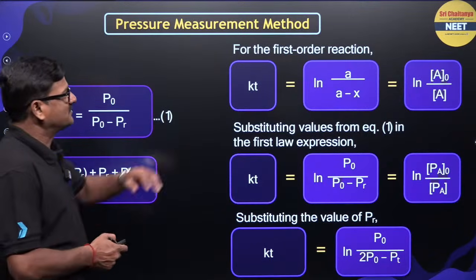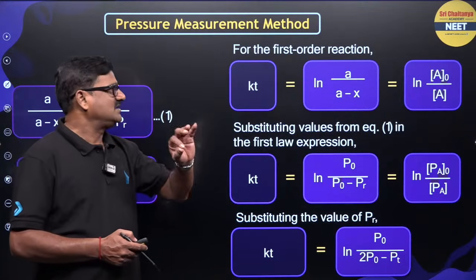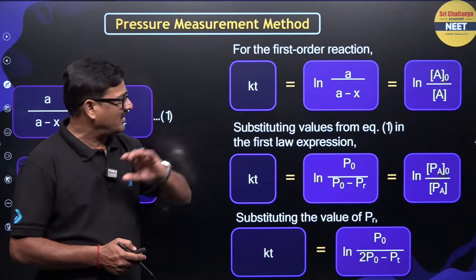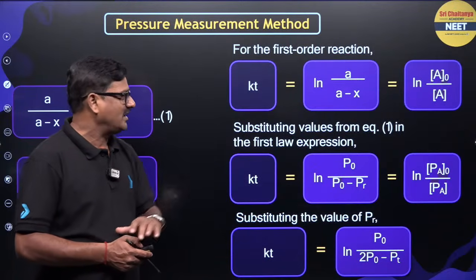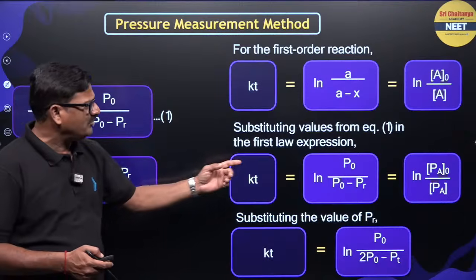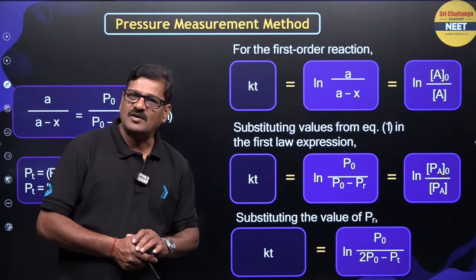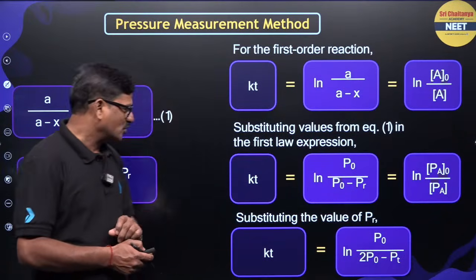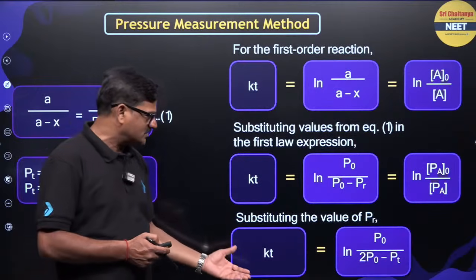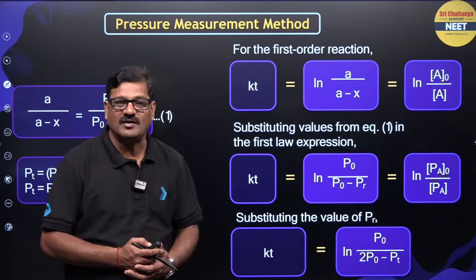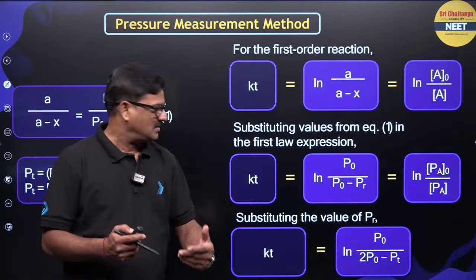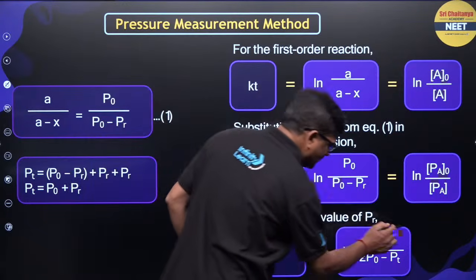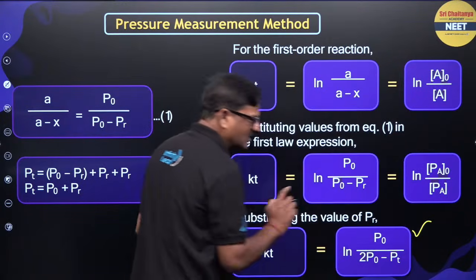Here, for first order, KT is equal to ln A by A minus X, which is ln A naught by A. KT is equal to ln P naught by P naught minus PR. That's it. So, substituting these values, KT is equal to ln P naught upon 2 P naught minus PT. This is given in the NCERT.